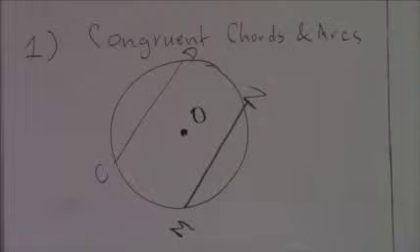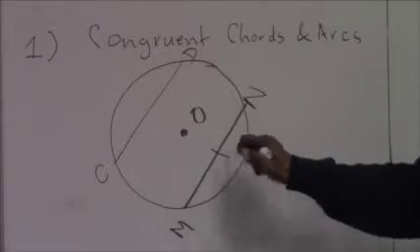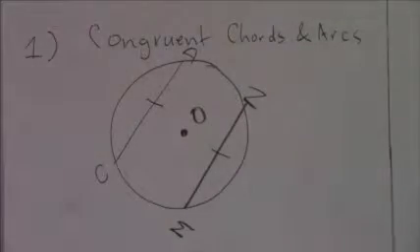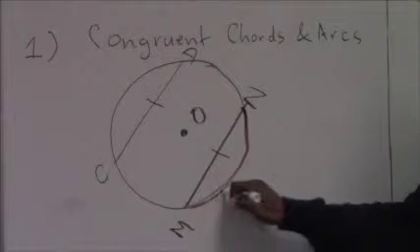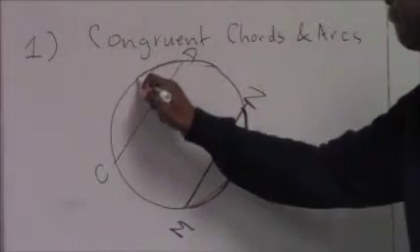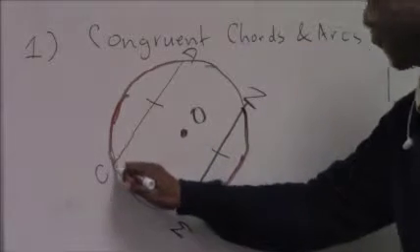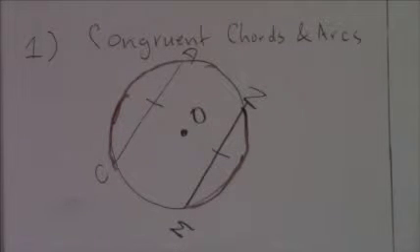So now, if I tell us that the chord MN is congruent to CD, then the arcs formed by MN and CD will be congruent. Then this arc will also be congruent to this. So we say two chords are congruent if and only if their corresponding minor arcs are congruent. Two arcs will be congruent if and only if the corresponding chords are congruent.